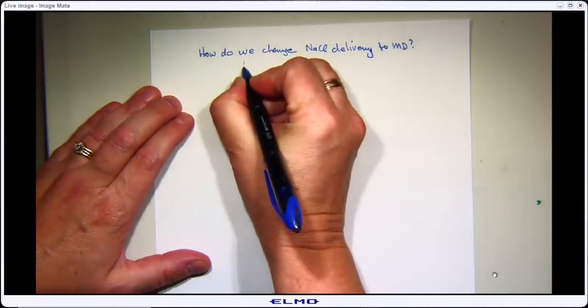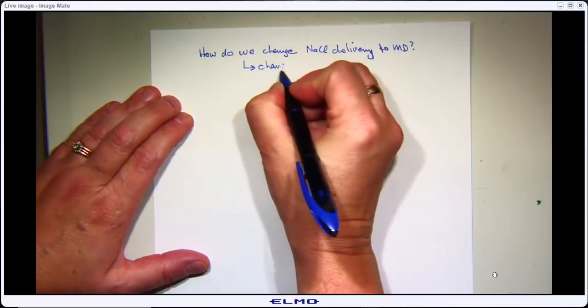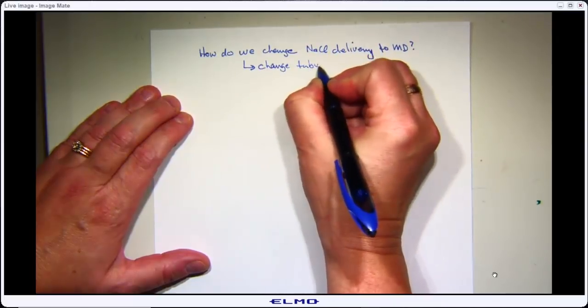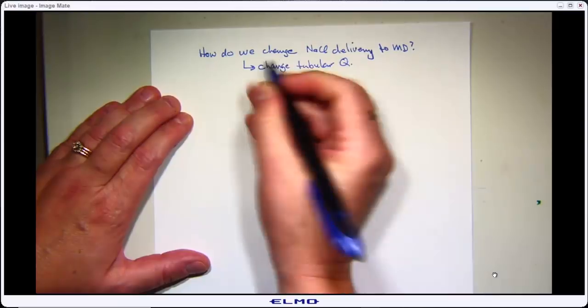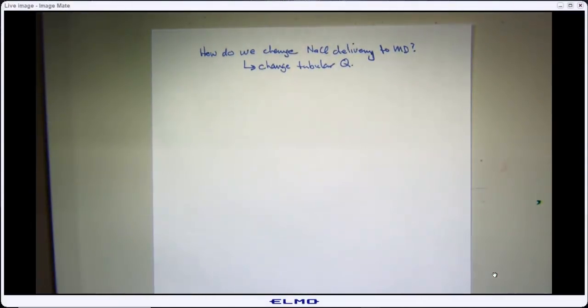So the game we're going to play is how we're going to change tubular flow. Essentially, tubular flow is a function of glomerular filtration rate. The more we filter, the more flow we get.